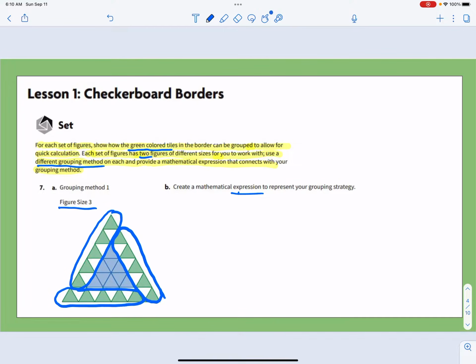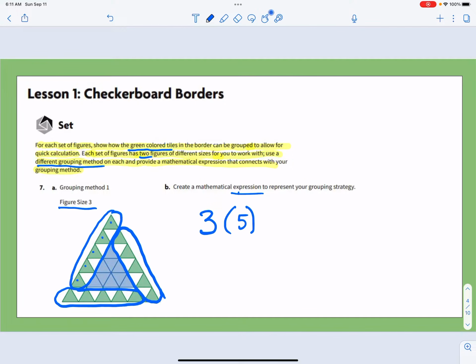So in doing this, I have 3 groups, and each group has 1, 2, 3, 4, 5 green rectangles. That becomes an expression, of course, which is just 3 times 5. So we know that's how that works.